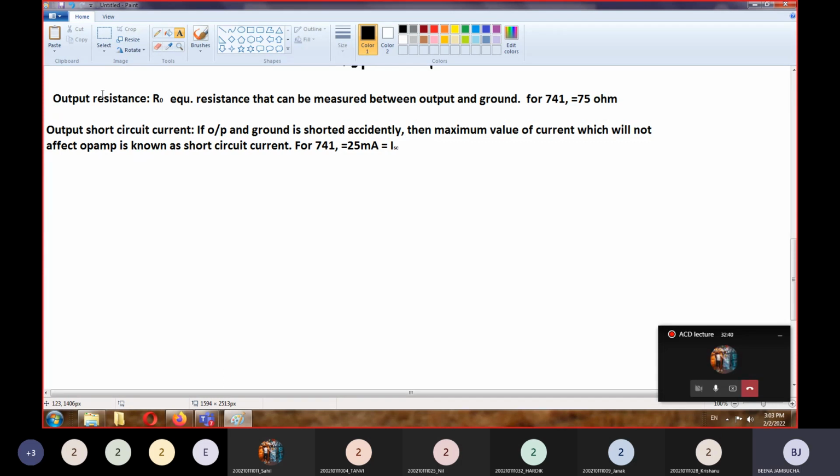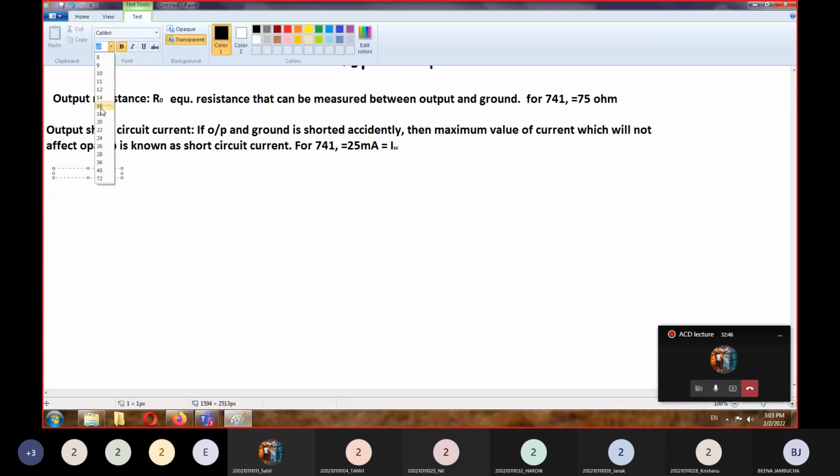Then comes supply current. We can also call it IS.